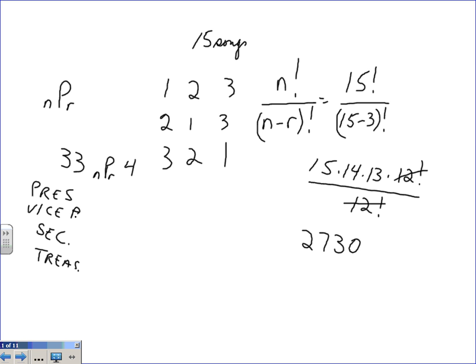I think I'll hit second enter, and then I'll put 33 in place of 15, and I'll put 4 in place of 3. And so there are 982,080 different ways that I could take 4 people out of this class and have a president, vice president, secretary, and treasurer. Okay, you guys get the idea?